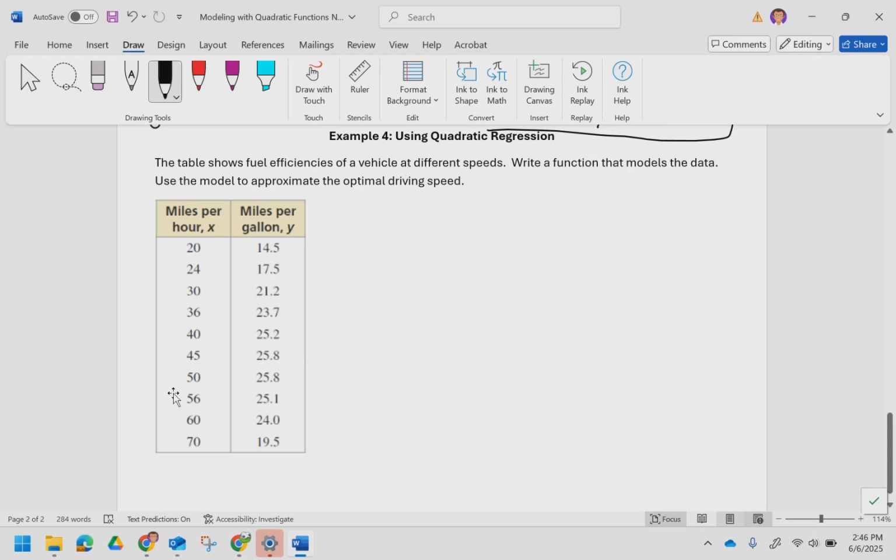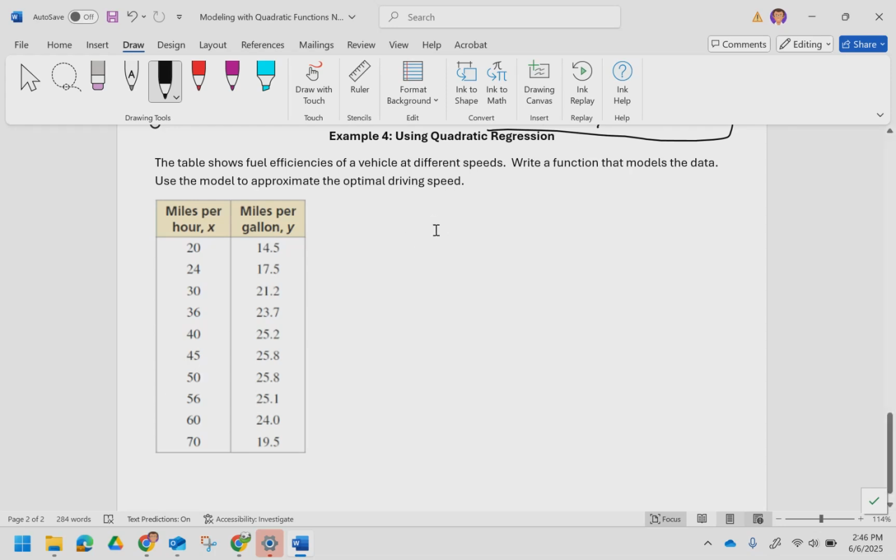So it's hard to know exactly. So in this situation in which the numbers might not be exact, what we're going to use is a regression.